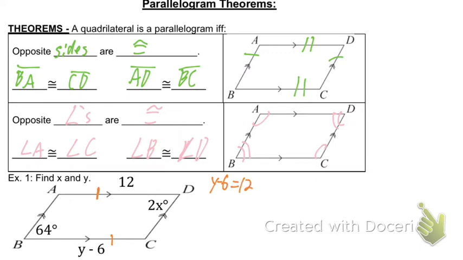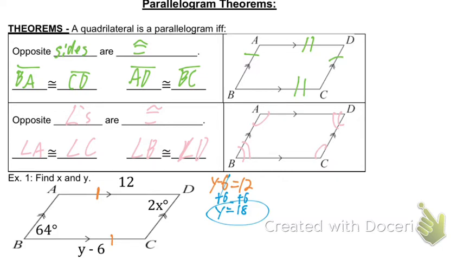Whenever two things are congruent, always set them equal. If they're the same length, we can set them equal. If y minus 6 equals 12, can we solve that equation for y? Sure. Ryan, how do you solve that equation for y? You add 6 to both sides. Darn right. And y is 18. So that made no sense? No, it does. Okay, so y is 18. We found y. Did we find x yet?